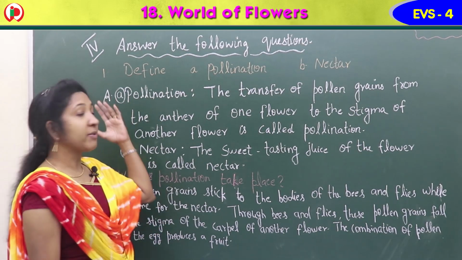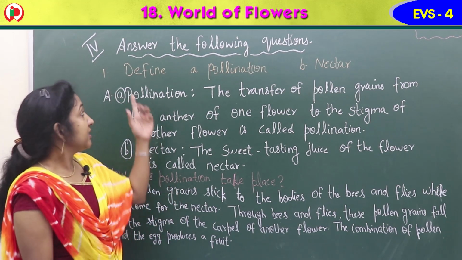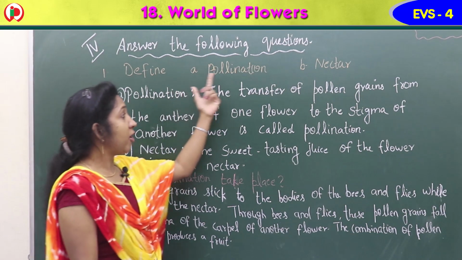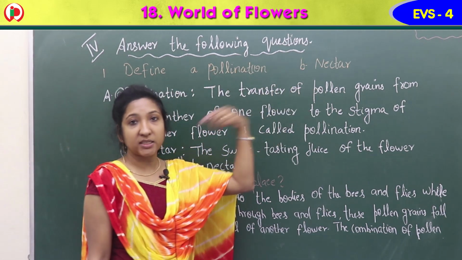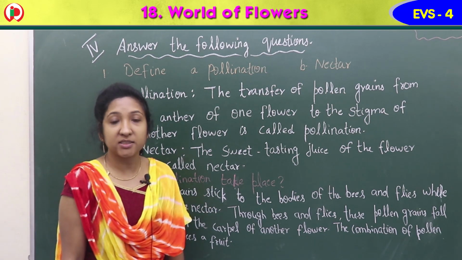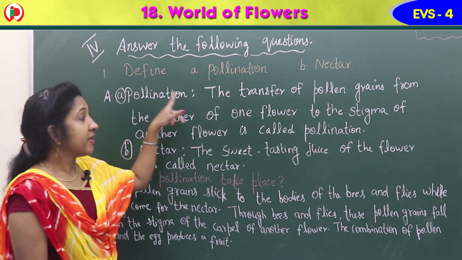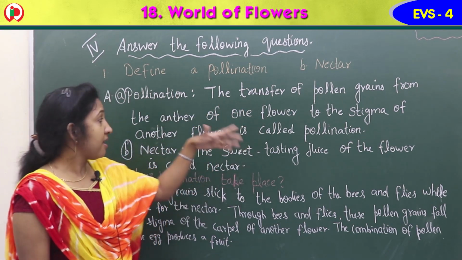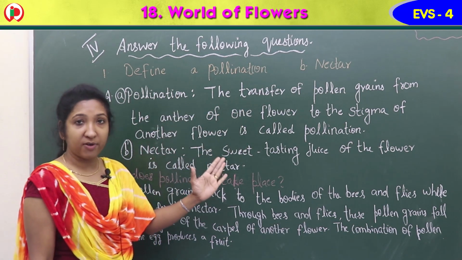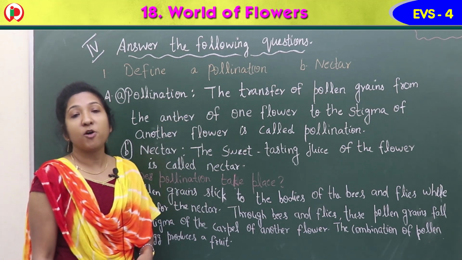Yes. So coming to the first question. What is the first question here, children? Define A. Pollination. B. Nectar. So you have to write about pollination and nectar. Okay, so first A. Pollination. The transfer of pollen grains from the anther of one flower to the stigma of another flower is called pollination.